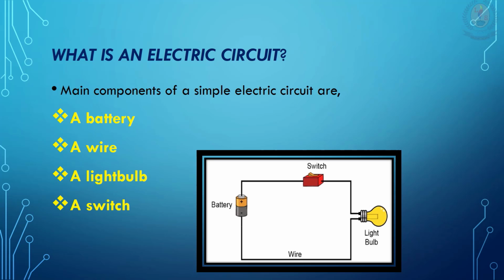So these parts are connected together to form an electric circuit. A simple circuit has a battery, a wire, a light bulb and a switch. Okay, let's go and see what are the functions of these components.